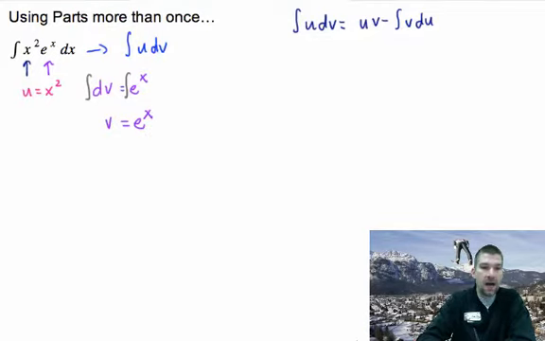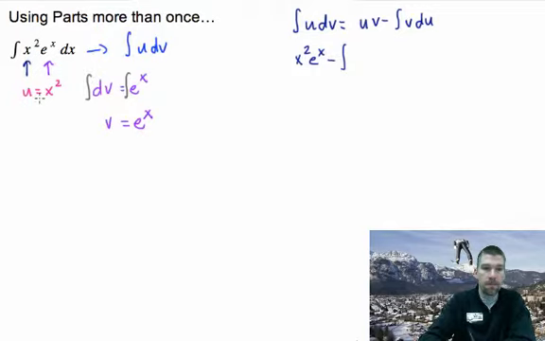So I've got u times v, okay, right here, x squared e to the x, minus the integral of v du. Well, I've got v, but I don't have my du.